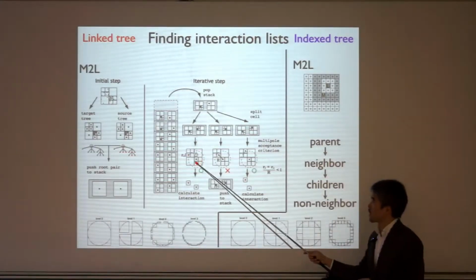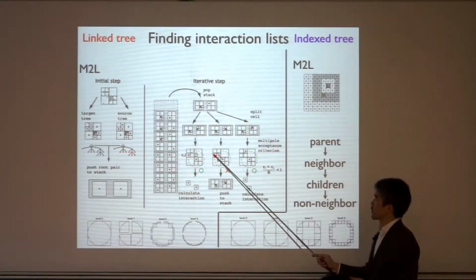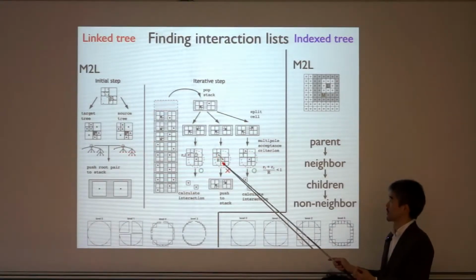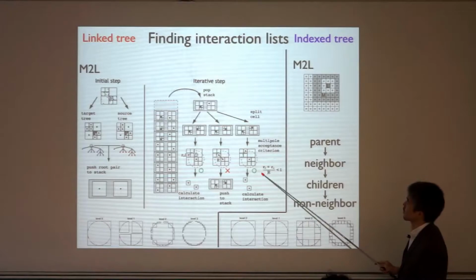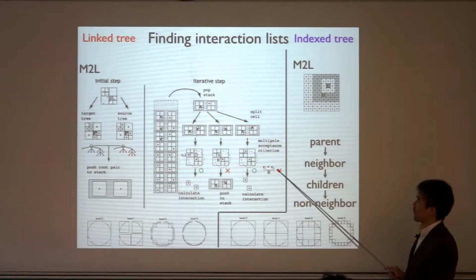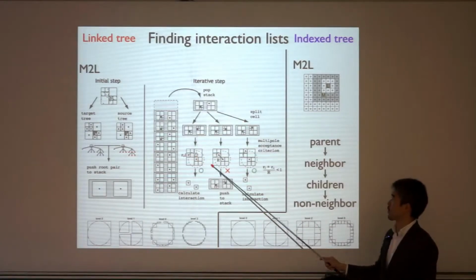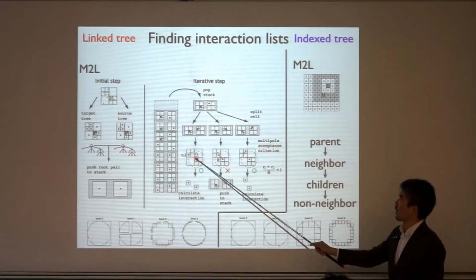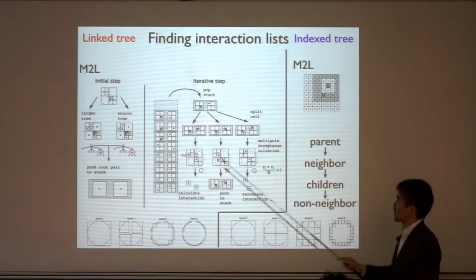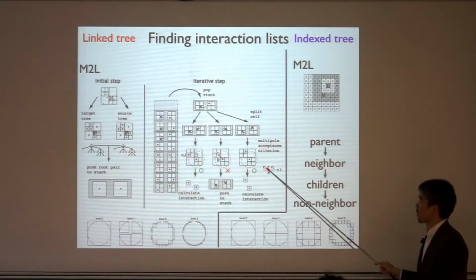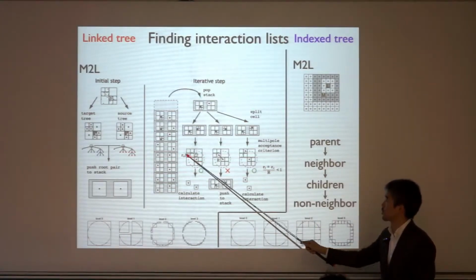But in this case, you're not looking at the neighbor boxes directly. You're actually measuring the distance and comparing it to the size of your box. So this R_T is the radius of your target cell, and R_S is the radius of the source cell, and R is the distance between those two cells.